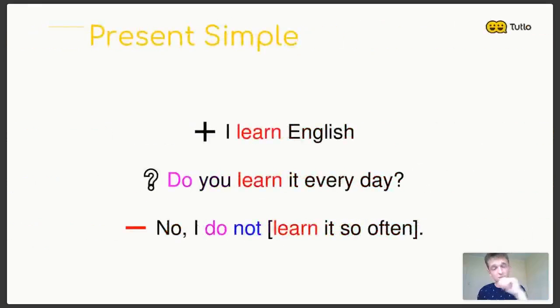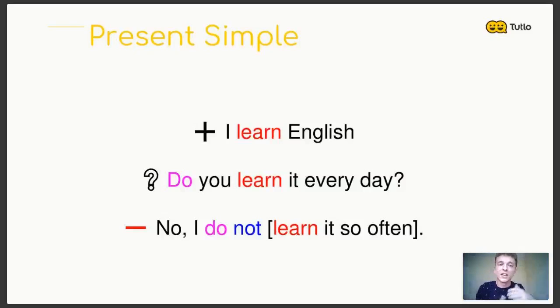What about present simple? With present simple, it's more complicated. Very often people forget about do, does, and these kinds of things. Here, as you can see, we use the subject, then the verb, and the rest, what is at the end, doesn't matter. So subject and then verb.